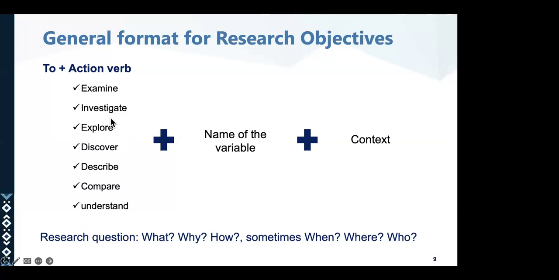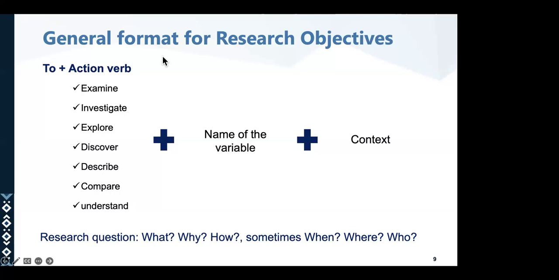Now you also have a number of words, especially action verbs, that you have to familiarize with when you are writing your research objectives. The action verbs are verbs like examine, investigate, explore, discover, describe, compare, understand.